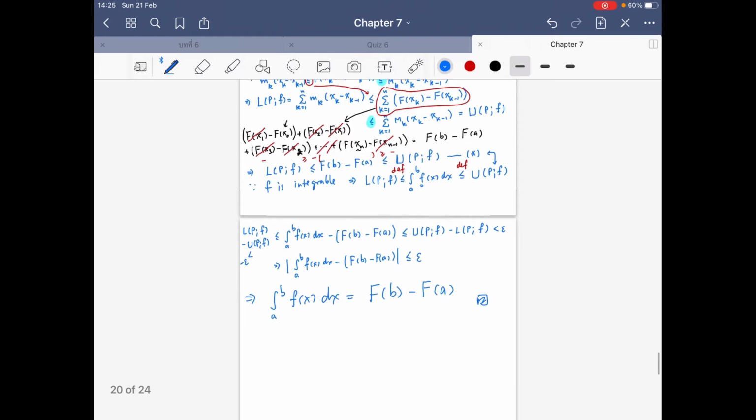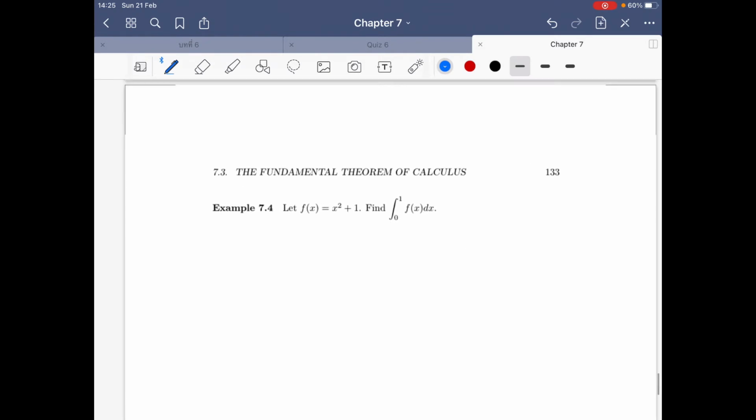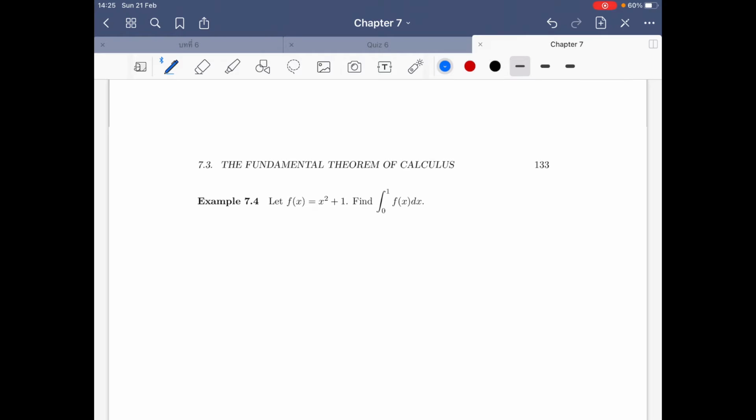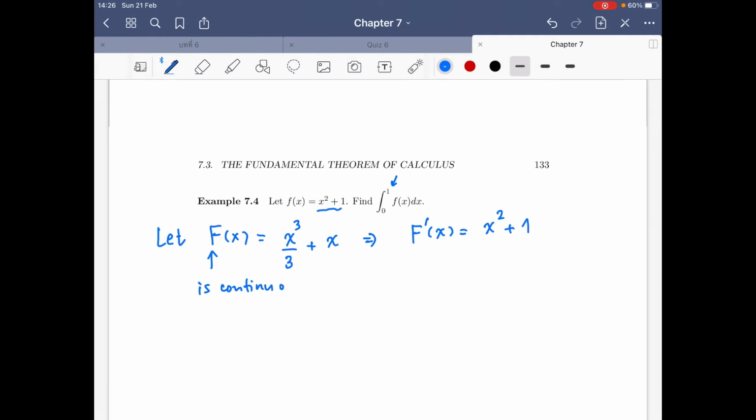So it means that if you want to find the integration of x squared plus 1 from 0 to 1 of this function f, then we let your capital F become x cubed over 3 plus x. Then we know that your F prime is x squared plus 1, and your f is of course continuous, and it is already the derivative.